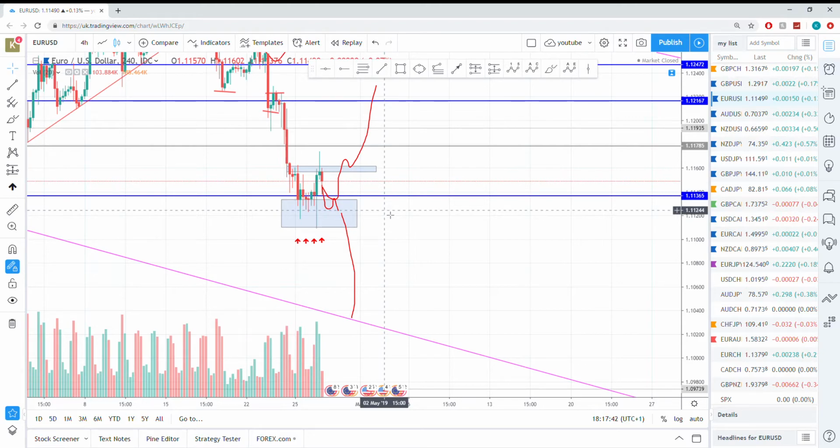Hopefully we do find a good entry point, and obviously every day it changes, so that's why I'm 50-50 with the exact buy or sell. We need to monitor the charts, hourly, 4 hours, daily, to see if our analysis is correct for either route.